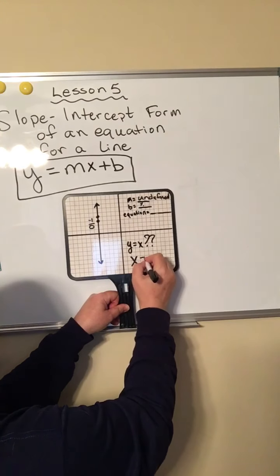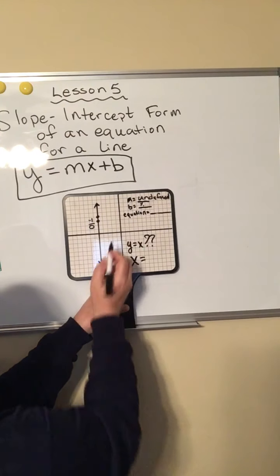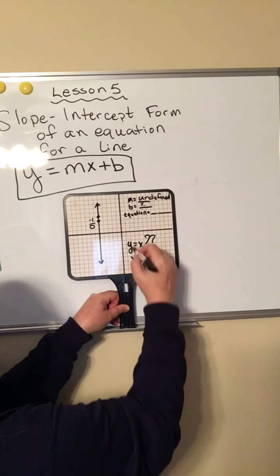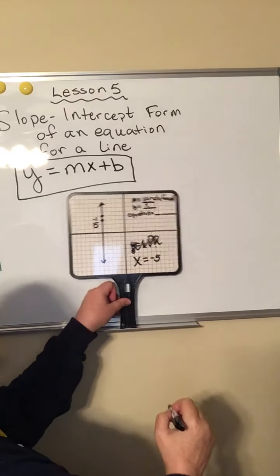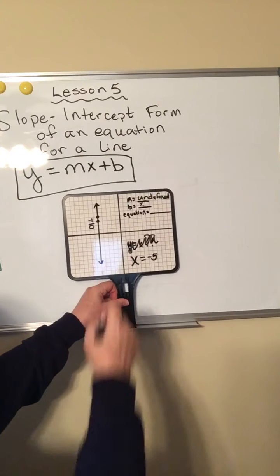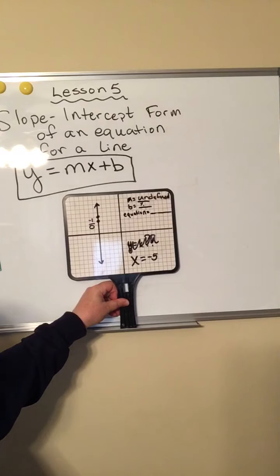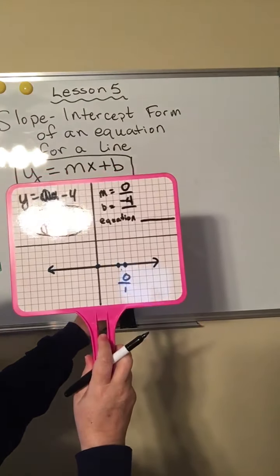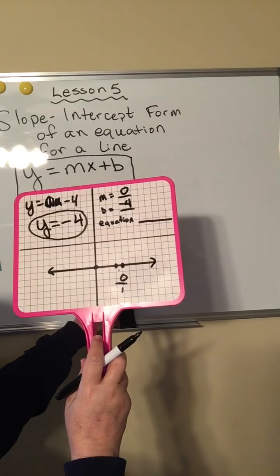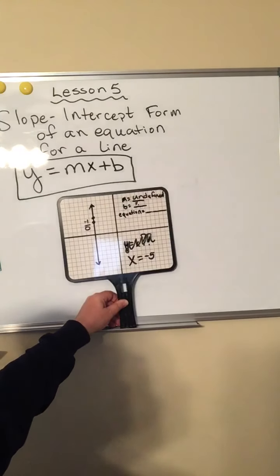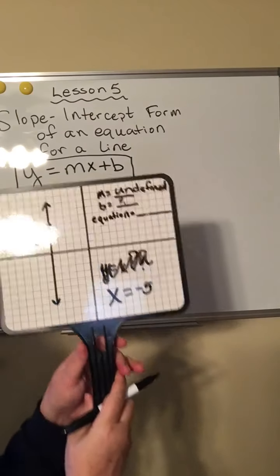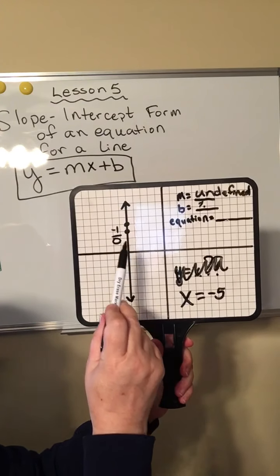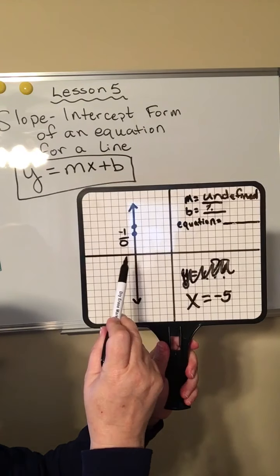So x is going to equal, where did I cross it at? -1, -2, -3, -4, -5. In this case, -5. There is no y because y isn't involved in this. We're never going to use that. Okay? So, horizontal line crosses y. We get y equals the number where it crosses. Vertical line crosses x. We're going to get x equals the number where it crosses. 1, 2, 3, 4, 5 negatives.